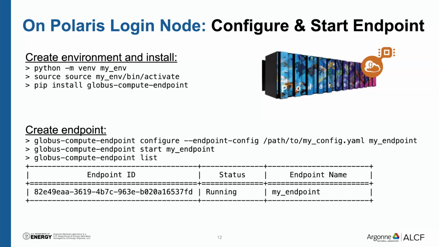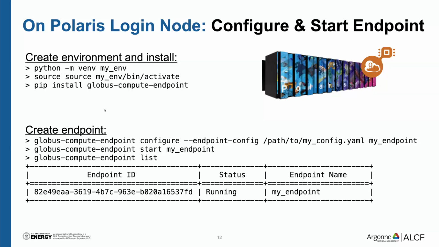So to do that, and some of this is a one-time setup essentially, you need to log into Polaris, and you need to configure and start the endpoint. And we'll talk about now what that is. To do this on Polaris, what you need is an environment, either a Python virtual environment as I've done here, but you can also create a Conda or a Mamba environment, where you can pip install this tool, Globus Compute Endpoint.